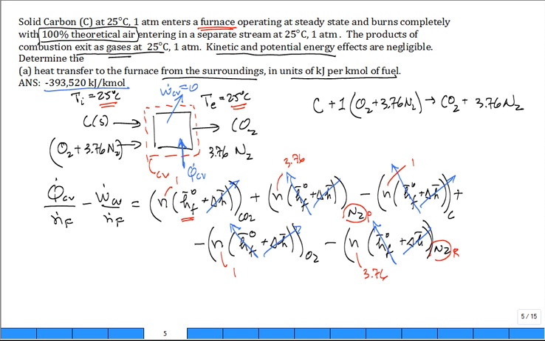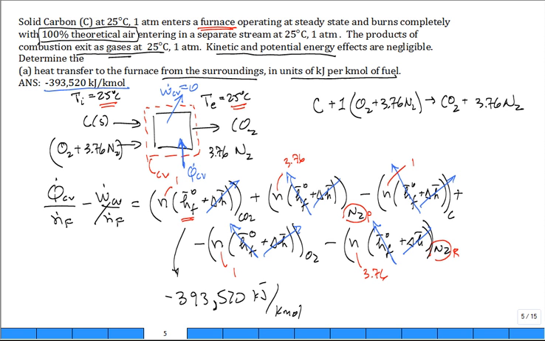So we go look at the enthalpy of formation for the carbon dioxide, negative 393,520 kilojoules per kilomole.